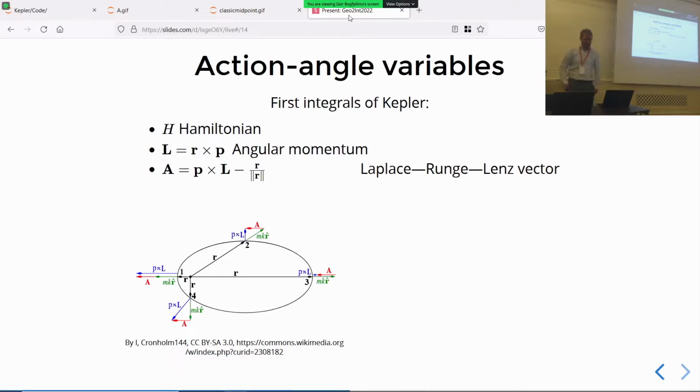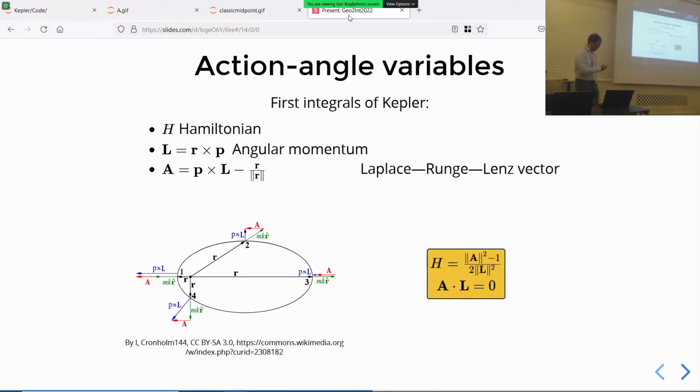Fundamentally, the A is going to point from the origin in the direction of the periapsis, the point on the orbit where you're closest to the origin, and its length is going to be a function of the eccentricity. Actually, with this simple coordinate, the norm of A is exactly the eccentricity.